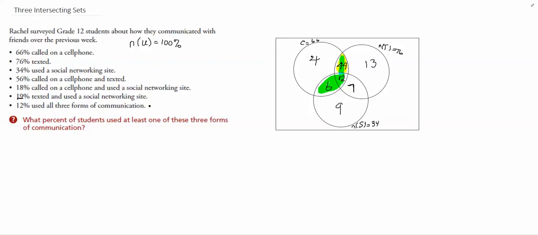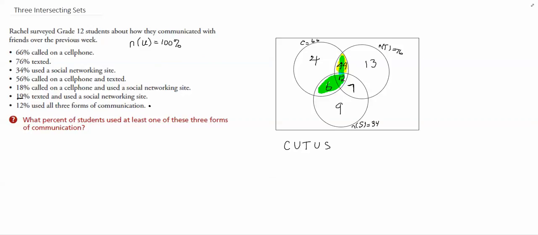Now, we're being asked to determine what percentage of students use at least one of these forms, which means essentially we are looking for the union of the cell phone, the texting, and the social networking site. So the union of those three sets. To do that, we simply add up all of the pieces.